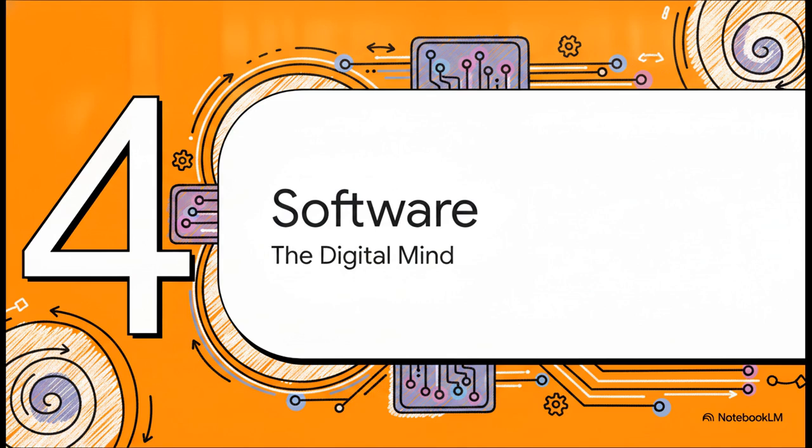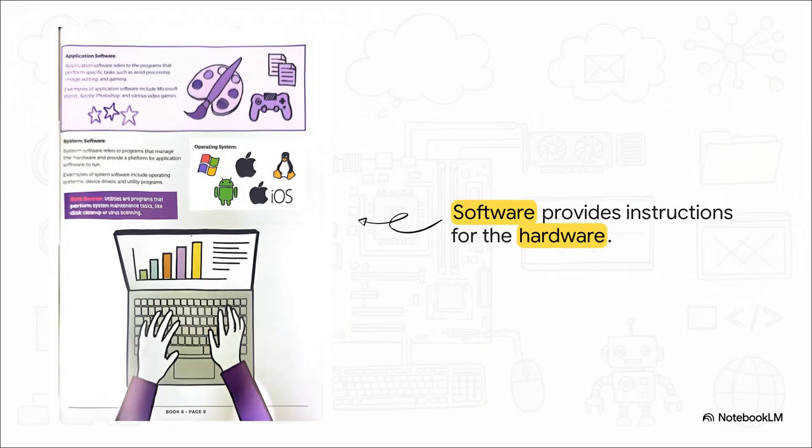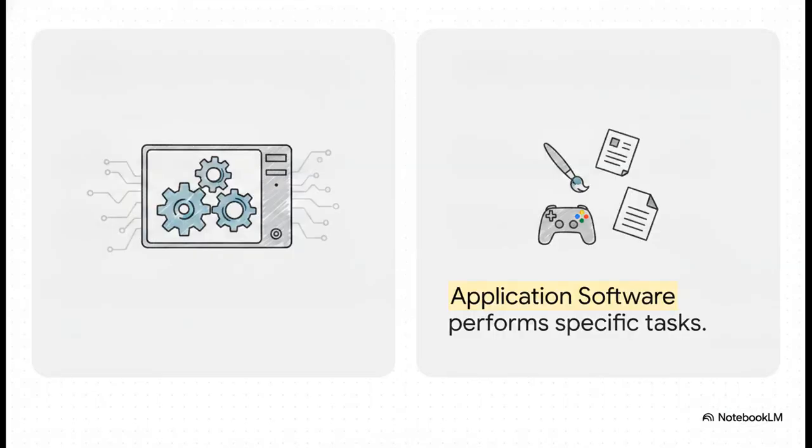All right, on to Section 4. Software, the digital mind. Now, software represents all the programs, applications, and data running on a system. Without it, let's face it, your hardware is essentially just a very expensive brick. Software is exactly what gives that hardware its purpose. Software actually breaks down into two main categories.